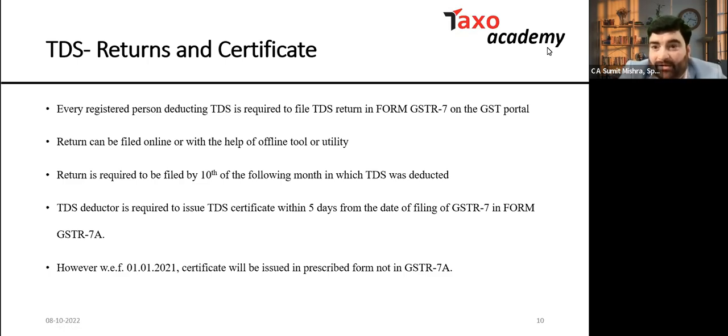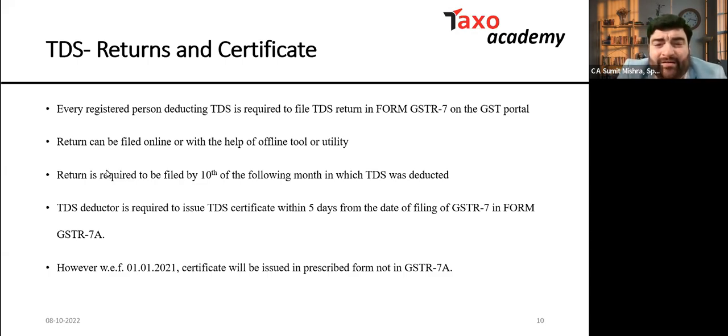So again, as I said, by 10th of the following month, they can deposit the TDS and at the same time submit the return so that the credit can be passed on. There are certain queries I can see here, but I will take up the queries at the end. We will discuss one by one.